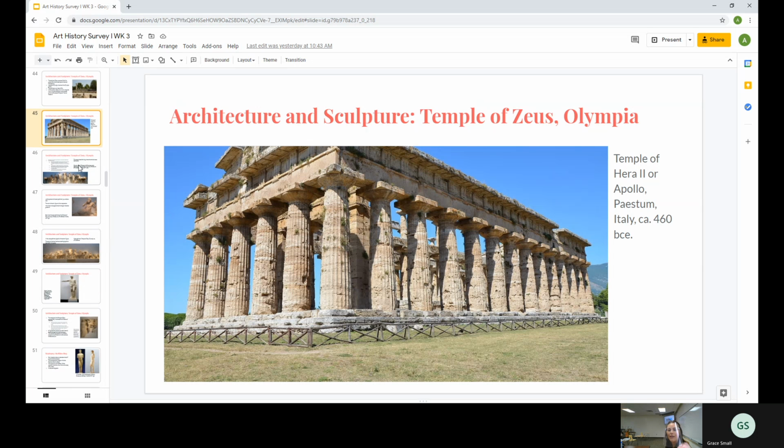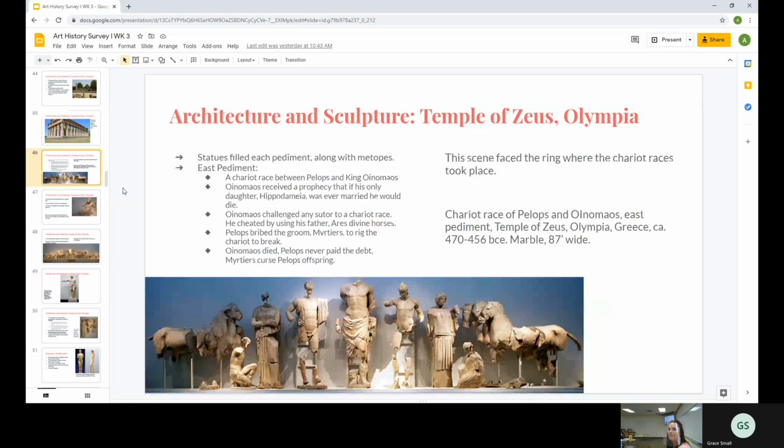And of course, per the usual with temples, there are pediments. The pediment sculpture obviously improves from archaic to classical period. That is because of the introduction of more natural poses and the idea of contrapposto, which we'll talk about in a second.